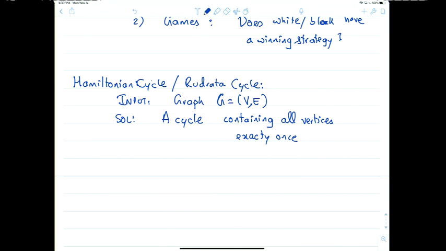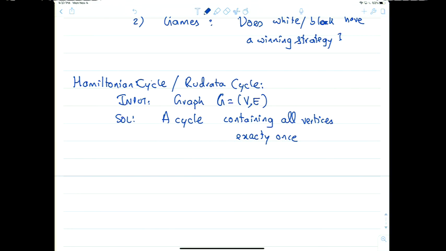And is this in NP? Does the problem seem to be in NP? Do people see why it's in NP? To check that it's in NP, you just need to check that if I give you the graph and I give you the solution, you can efficiently verify it. It's usually fairly easy. In this case, I give you the graph and I give you a cycle.